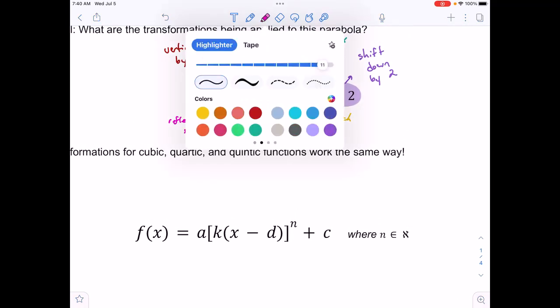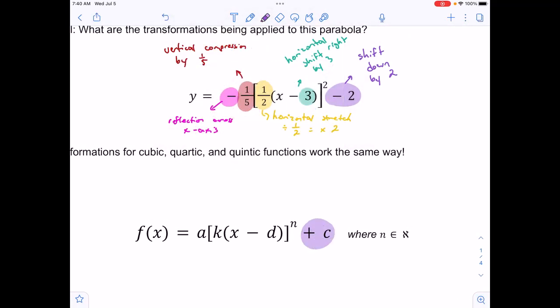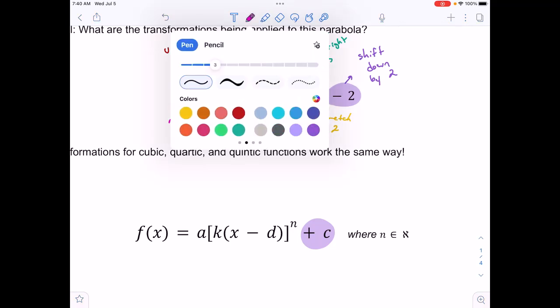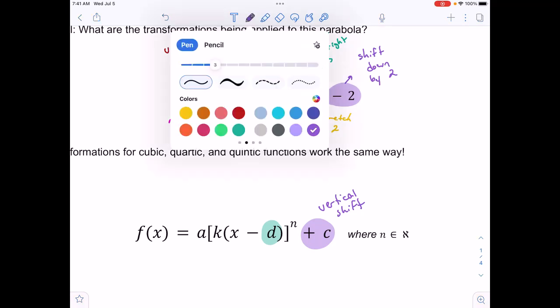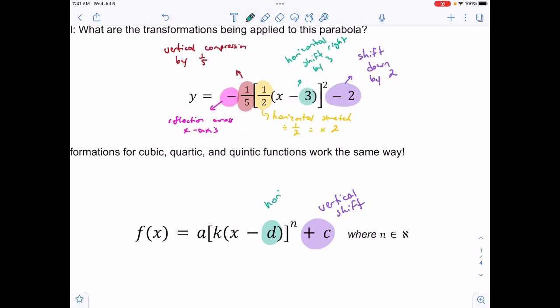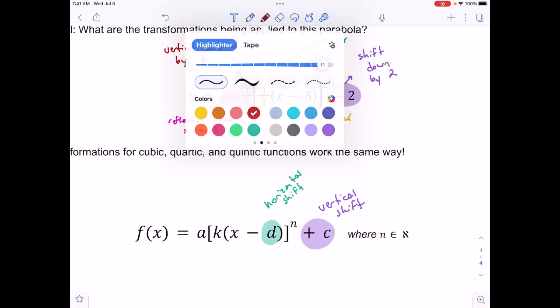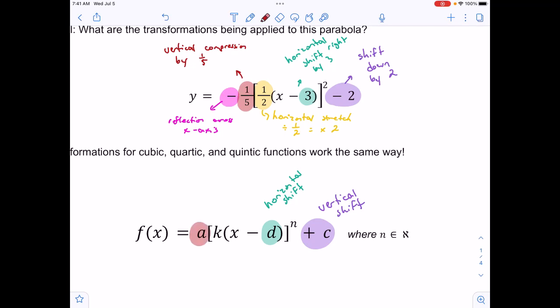So we have our c at the end here. c continues to remain your vertical shift. d will remain your horizontal shift. a will be that vertical compression, or sorry, that vertical stretch.